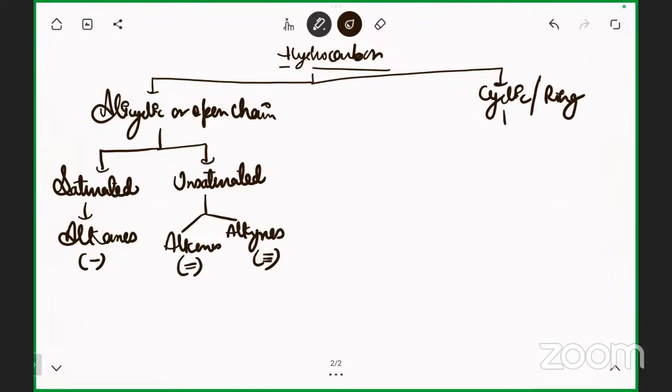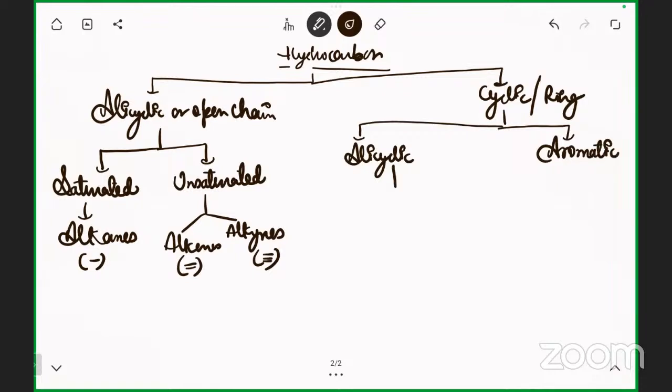Then cyclic is again classified into two categories, alicyclic and aromatic. Okay, this is acyclic, not alicyclic. This is acyclic. This is alicyclic. Alicyclic is again classified into two categories. First one is saturated. It means when there is a ring and it contains only single bonds, that is cycloalkanes.